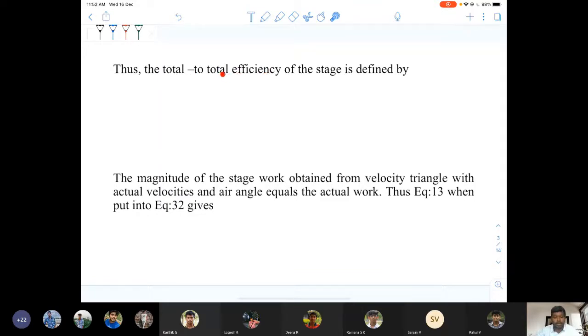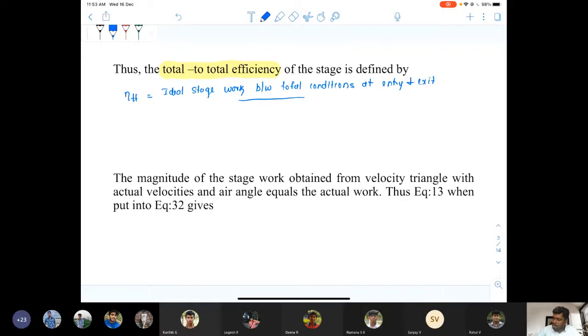Thus, the total to total efficiency of the stage is defined by eta TT, which denotes the total to total efficiency, is equal to the ideal stage work between the total conditions at entry and exit, divided by the actual stage work.